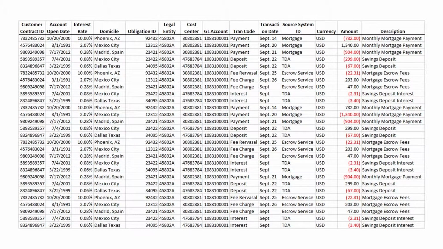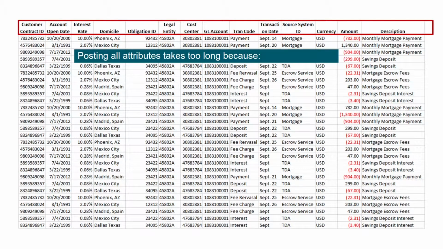If we were to try to post all of the attributes that were captured upon our business events, it would take far too long. You remember the amount of summarization that goes on: the number of balances that can be made is dependent upon the number of attributes and the values possible in those attributes. If you take all of the attributes, there are lots of different values possible, particularly if we add certain things like timestamp.